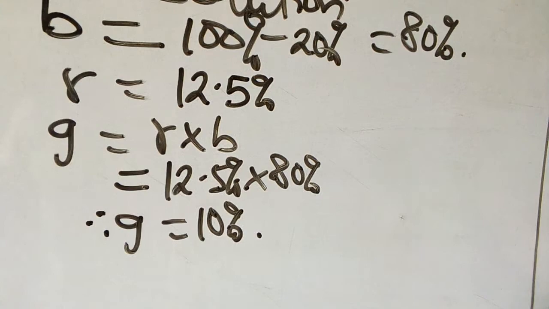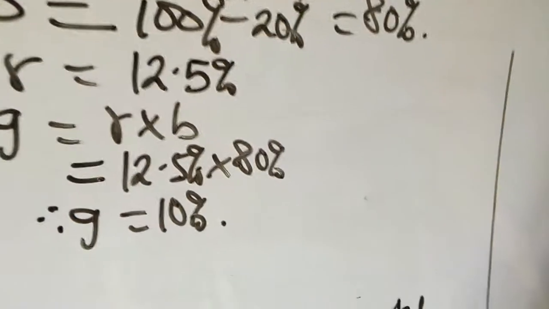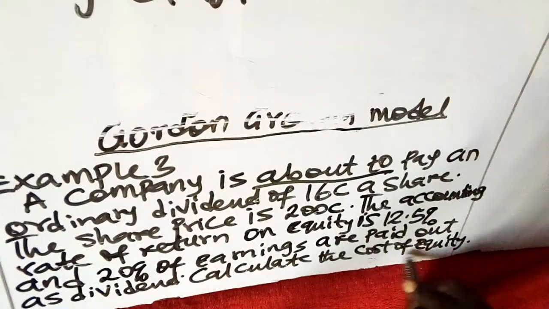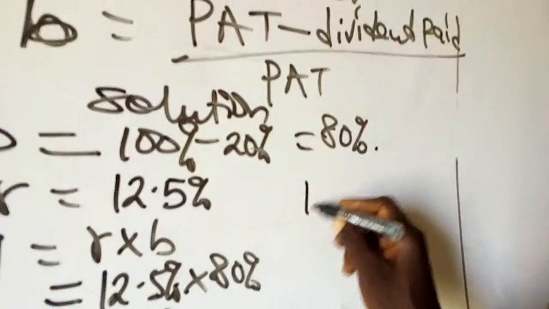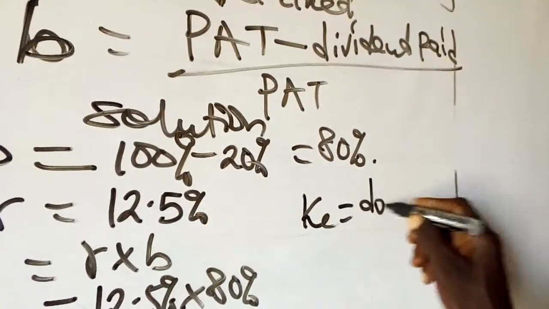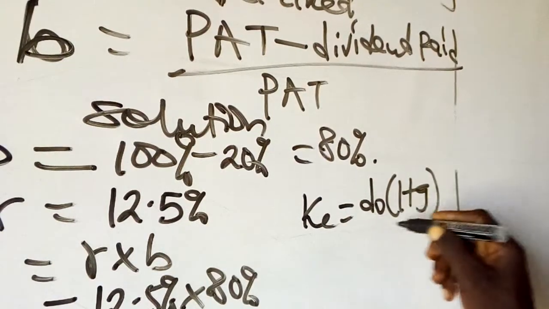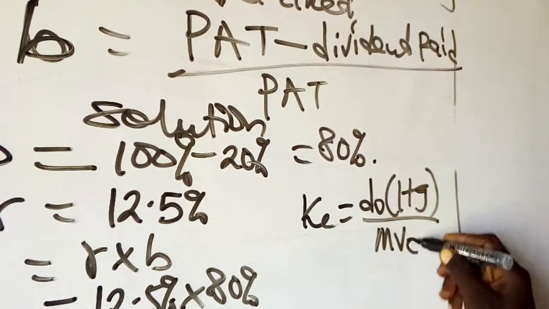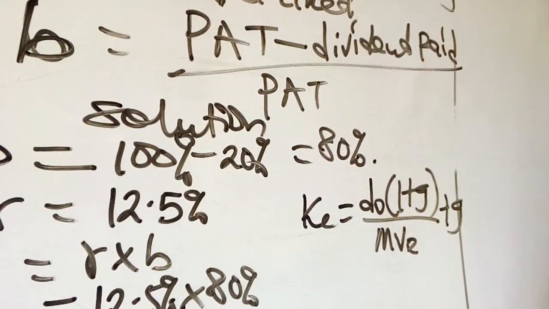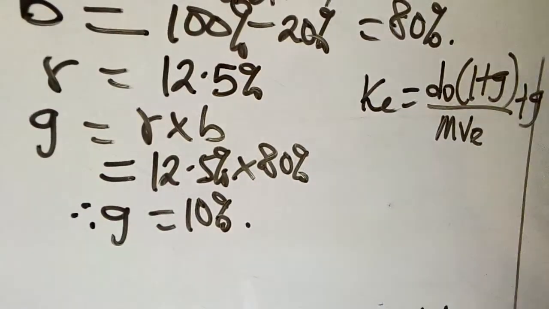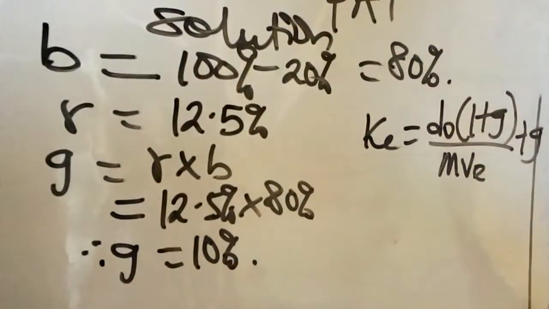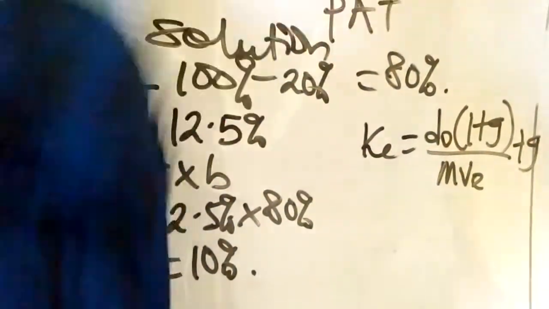You have got the growth rate. Now you have to calculate the cost of equity. Since there is a growth rate, the cost of equity is D0 times 1 plus g over market value of equity, plus the growth. That is the formula for estimating the cost of equity where there is growth in dividend.